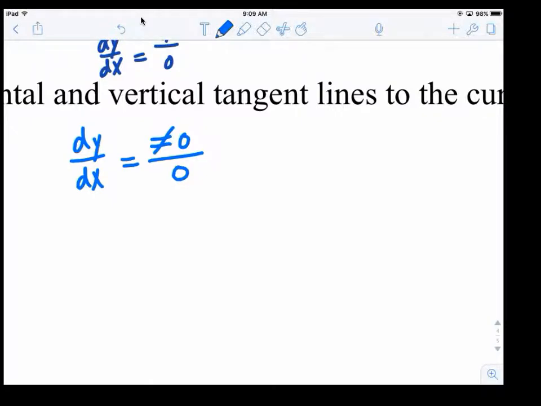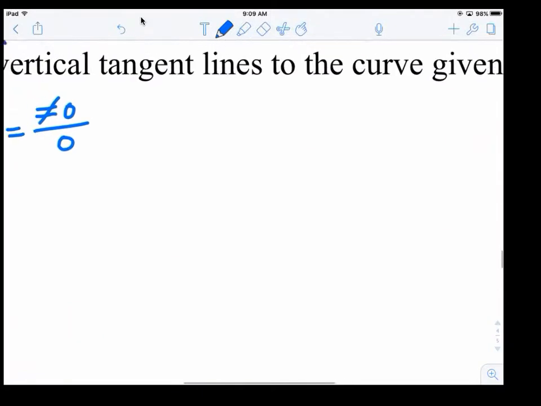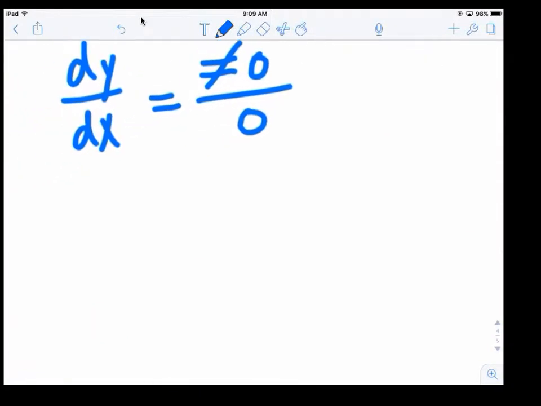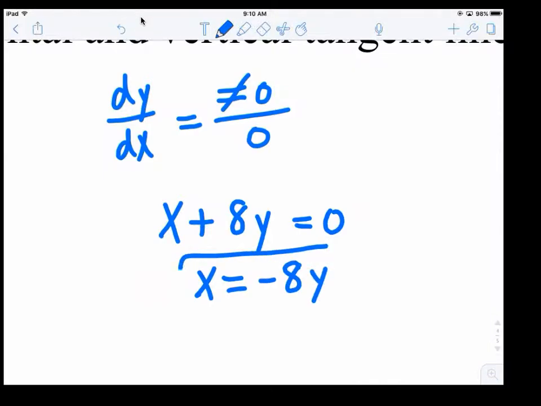All right, so for vertical, you have non-zero over 0. So again, set the denominator of your derivative equal to 0. Now that we're doing vertical, which variable should we be solving for? X. So x is negative 8y.